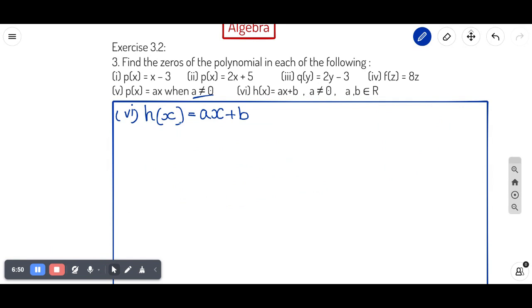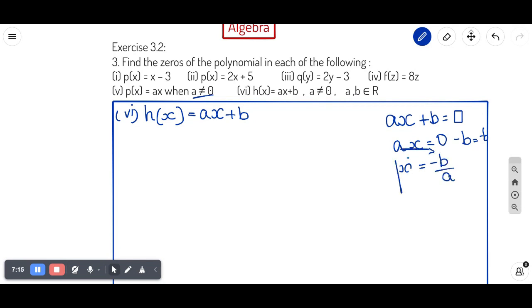So the final question is h of x is equal to ax plus b. So let's go on to the rough work again. ax plus b is equal to 0. So ax will be equal to 0 minus b, which is nothing but minus b. And now you will get your x is equal to minus b by a. This a goes downstairs.